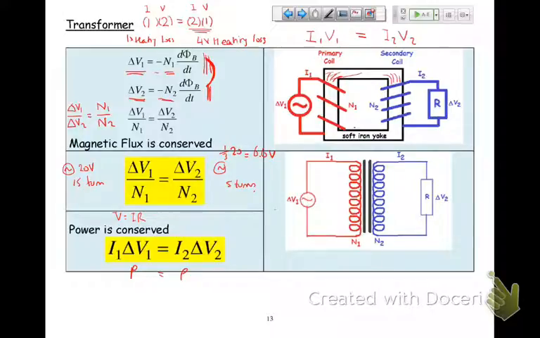Let me ask you something. Does the frequency matter? Not particularly. But no oscillation, no transformer. It's not a DC device. So I suspect, I've never checked this out, as you go to low frequencies, it starts getting less and less efficient.